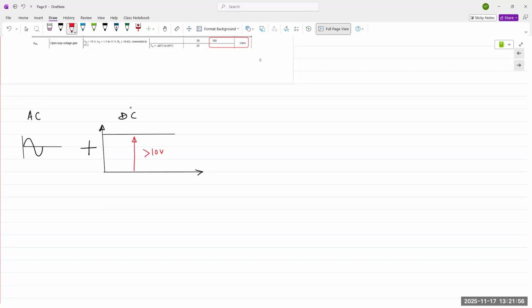It could even just be 5 volts. And this AC signal is typically in millivolts.